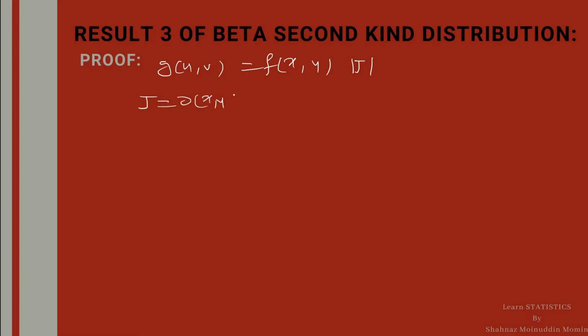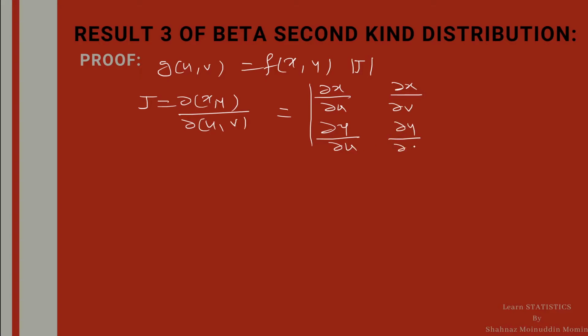the partial derivative of (x,y) with respect to (u,v), which is nothing but the determinant of dx by du, dx by dv, dy by du, dy by dv.